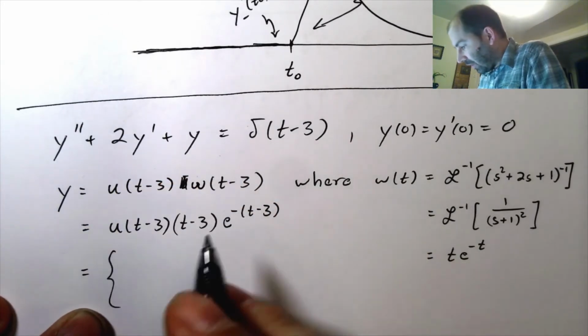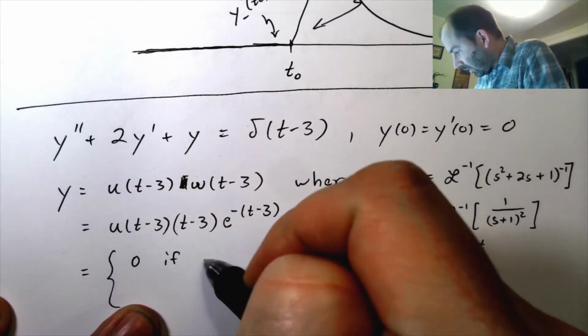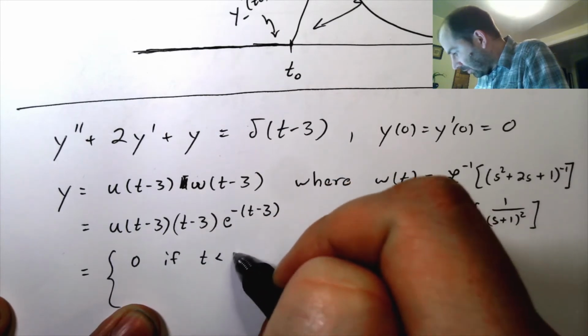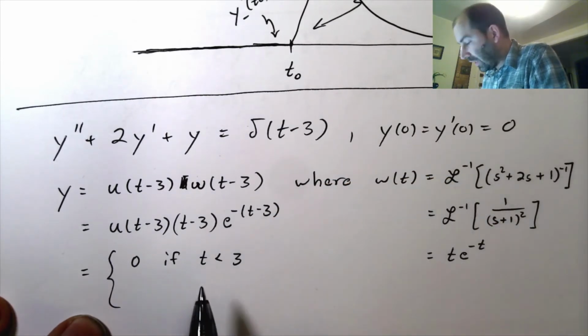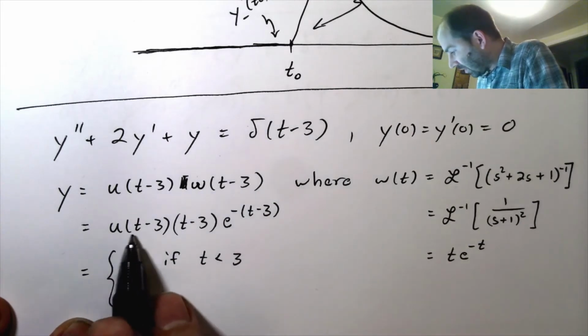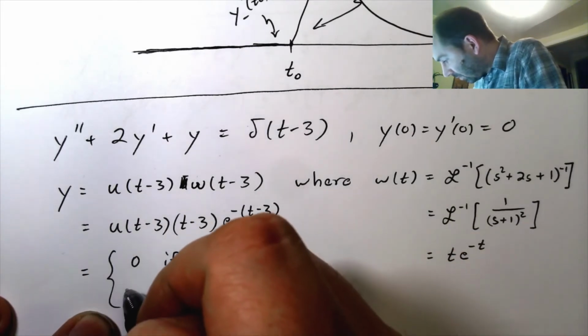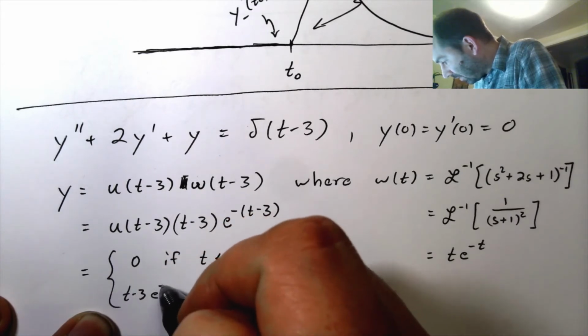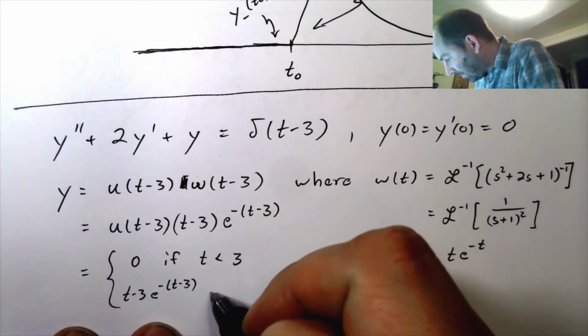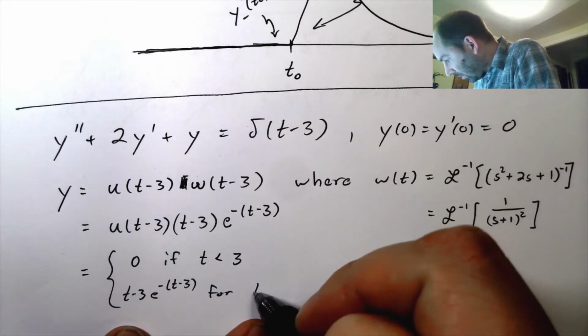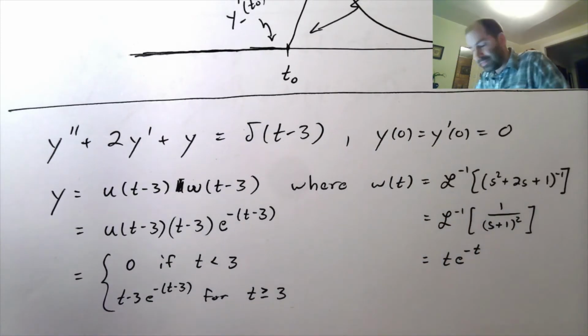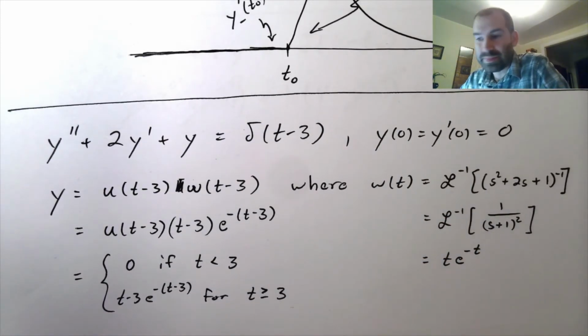It's equal to 0 until we get to 3. But then once we get up to 3, it all of a sudden takes on the value of this function here. So t minus 3 e to the negative t minus 3 for t greater than or equal to 3. Okay, so a way to write it down piecewise.